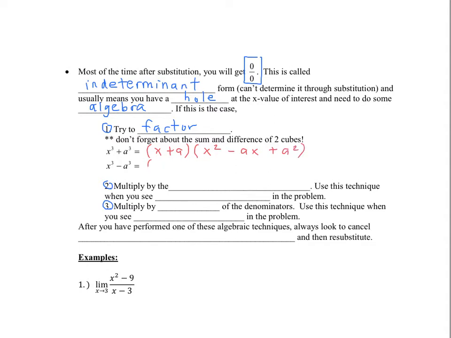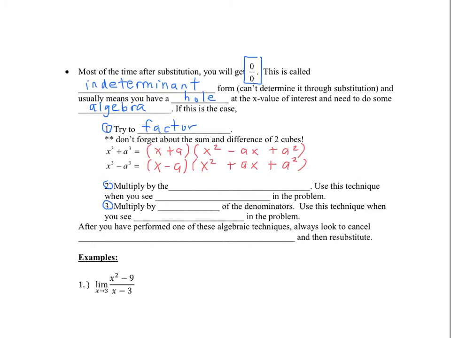And if you have a difference of 2 cubes, x minus a times x squared plus ax plus a squared. Notice the similarities and the differences between the two, so you have to commit those to memory.